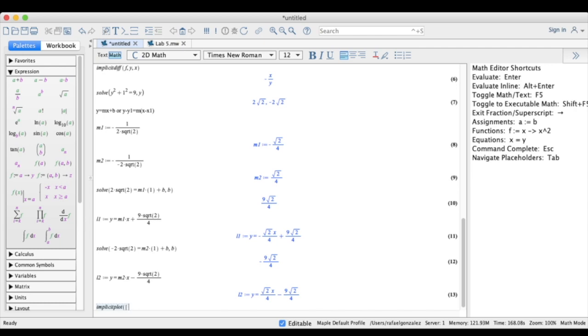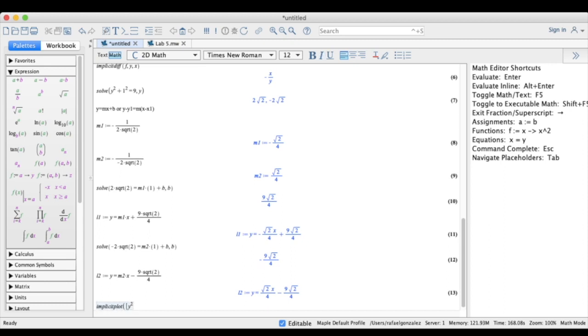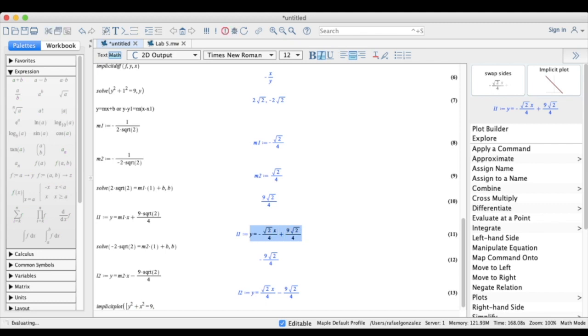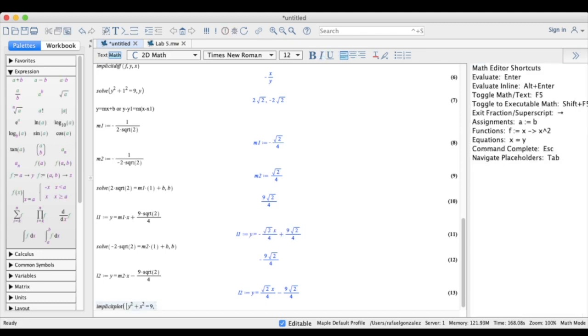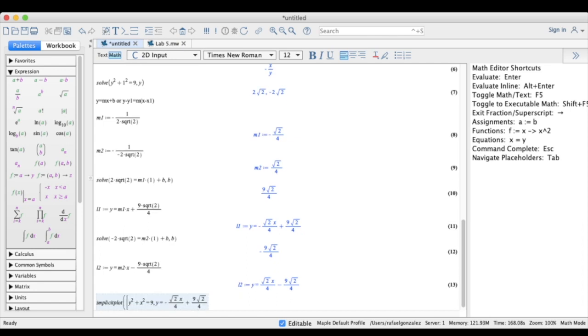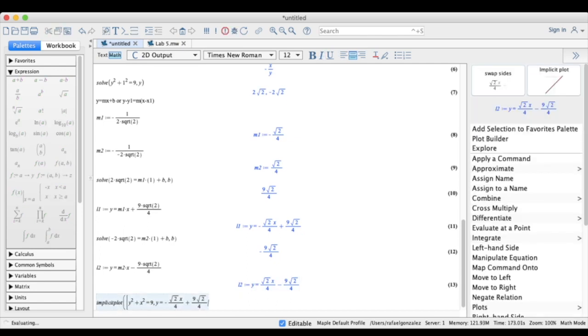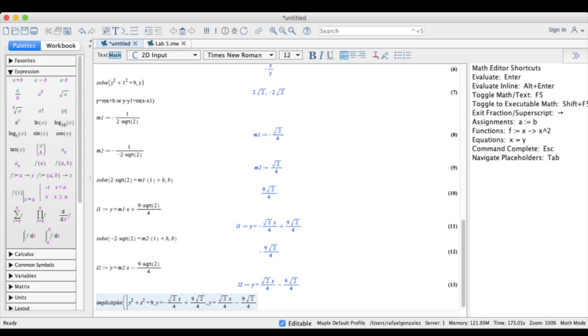For implicit plot, we're using square brackets. So I'm going to use implicit plot, my original equation, which was y squared plus x squared equals 9, comma, what I have up here for y, which is y equals. It is important that you put the y equals because we're using this implicitly, so we need both variables. And y equals this for L2. And this is all separated by commas. Then we're going to close the square bracket, and we're going to put another comma so that we can put our parameters.